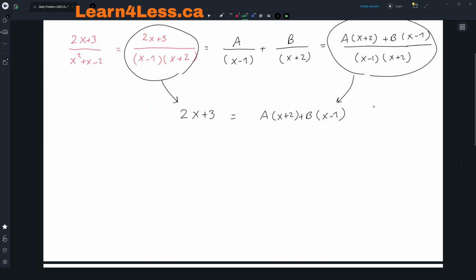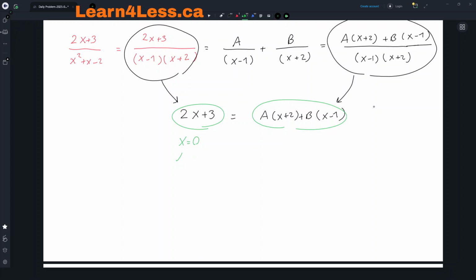So this gives me the freedom to choose x values and then test that here. For example, I know that if I plug in x equal to 0, the left hand side and the right hand side should be matching. If I plug in x equal to 1, the left hand side and the right hand side should be matching.